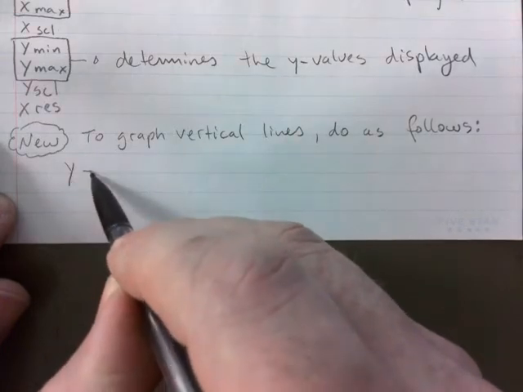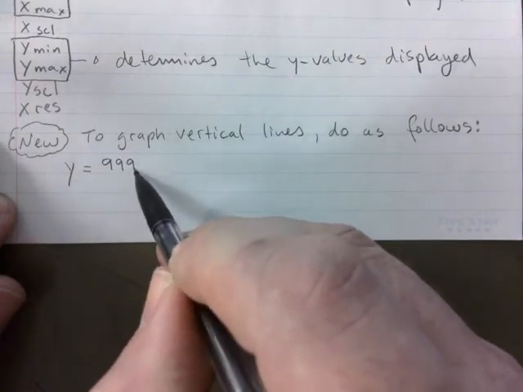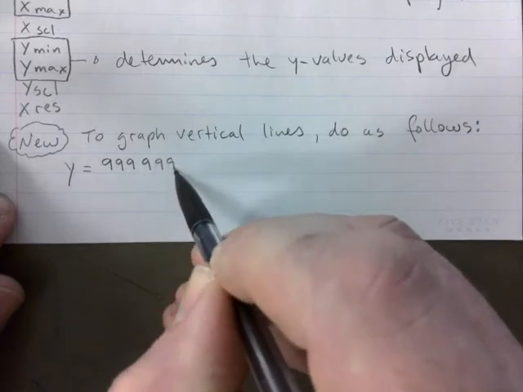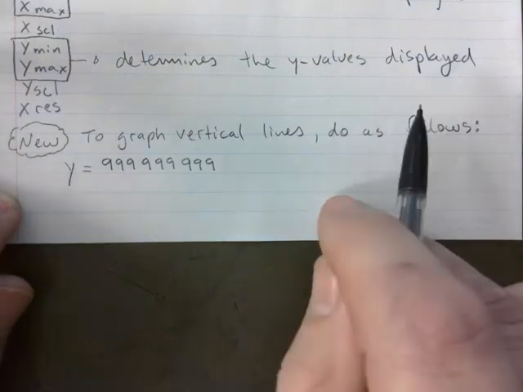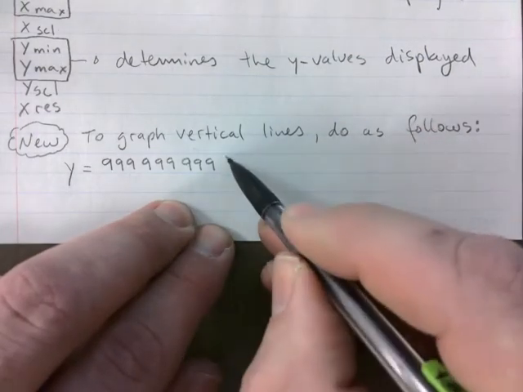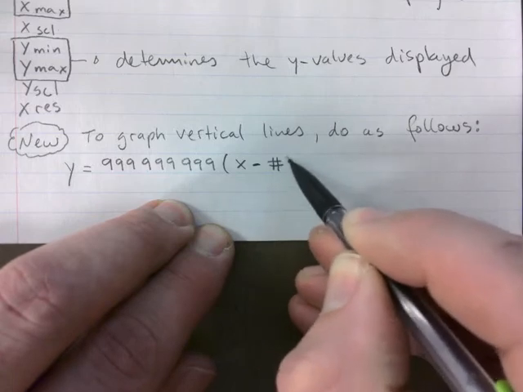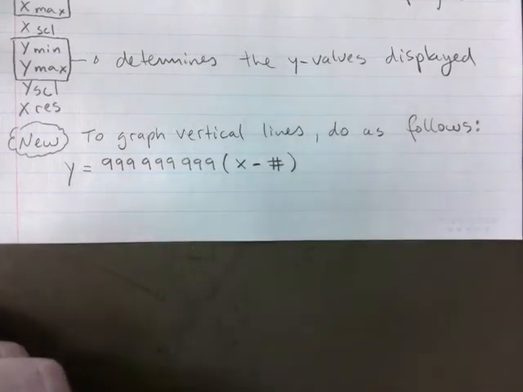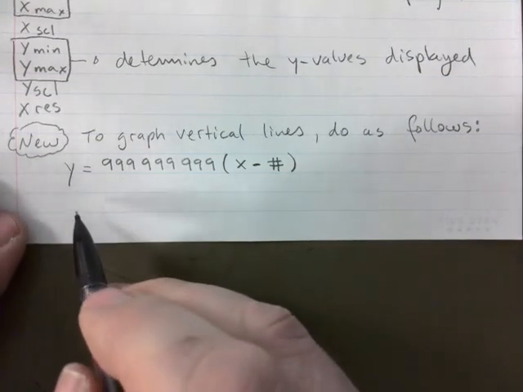So y is equal to, you have to type in 9 nines like this. That's 6. 9 nines, and then you have to go x minus the number. So you're like, what?